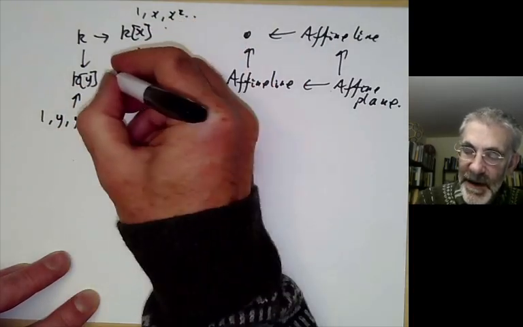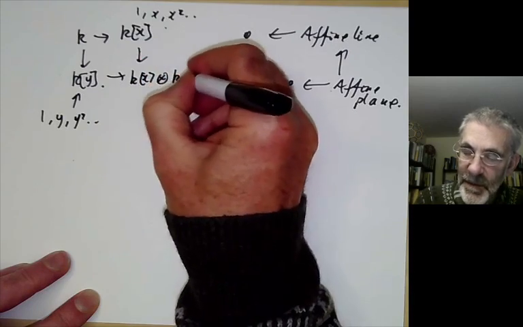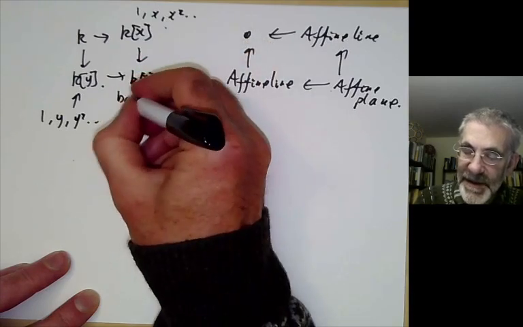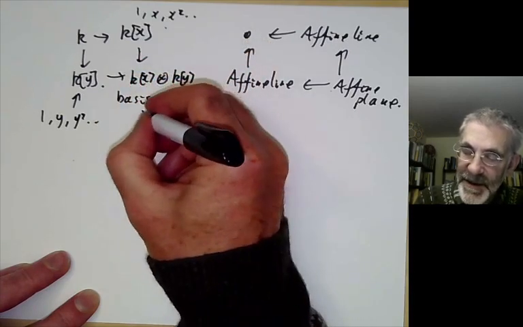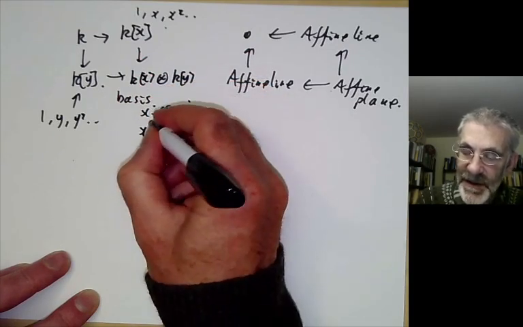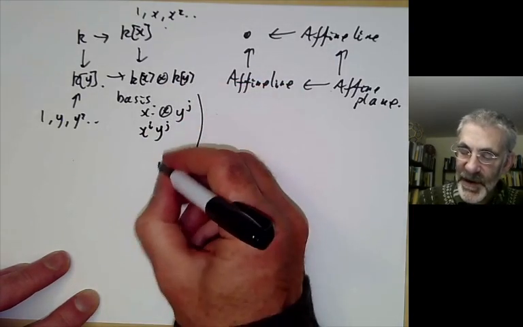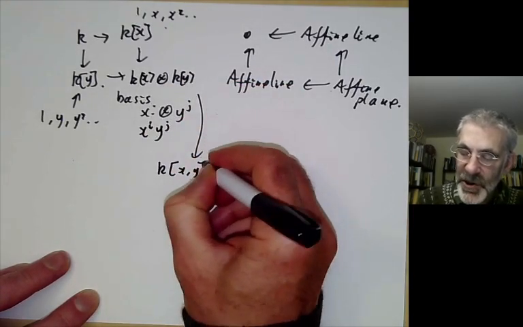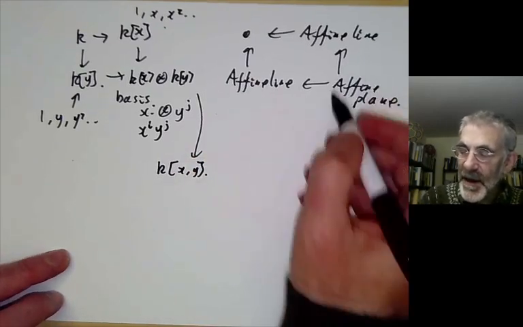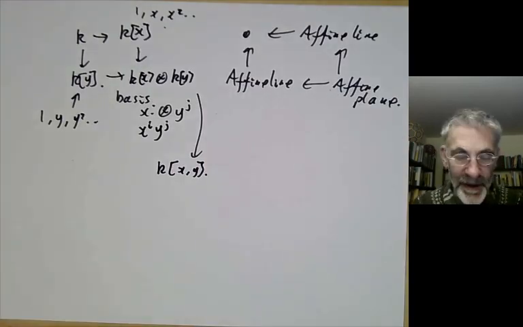So this thing here, which is going to be K[x] tensor K[y], has a basis of elements x to the i tensor y to the j, which you might as well write as x to the i times y to the j. And you can immediately see that this is really just the ring of polynomials in two variables, which is indeed the collection of functions on the affine plane.